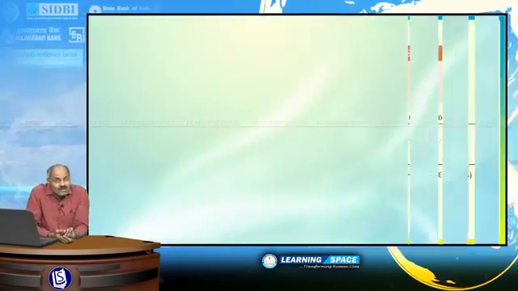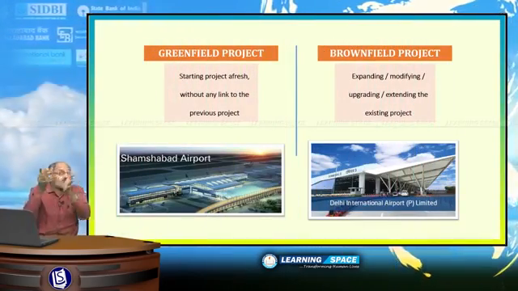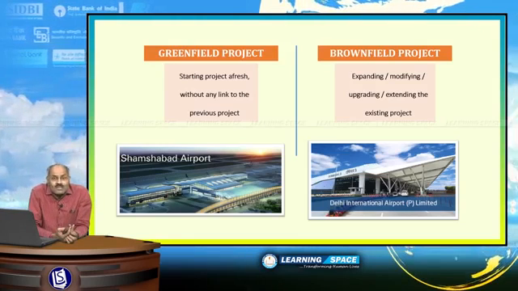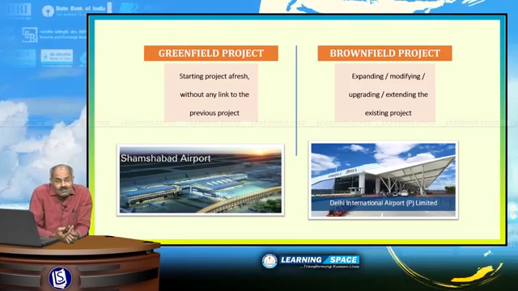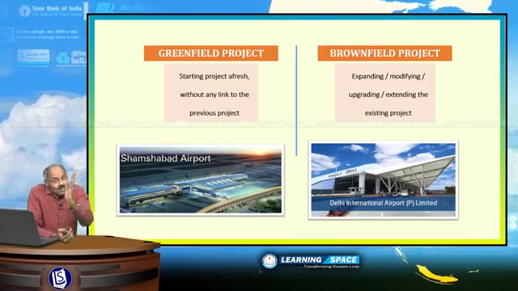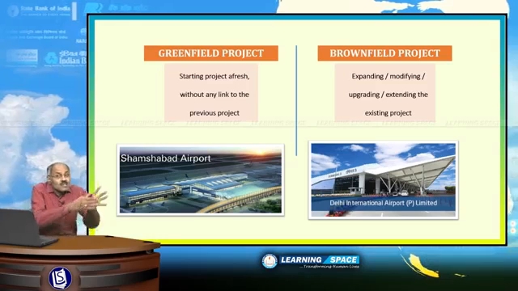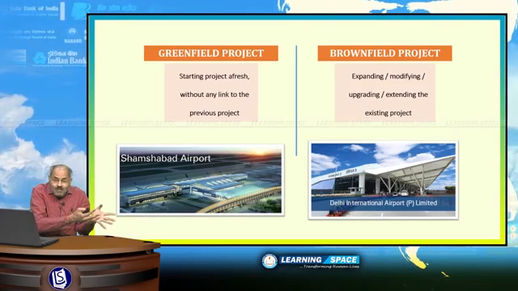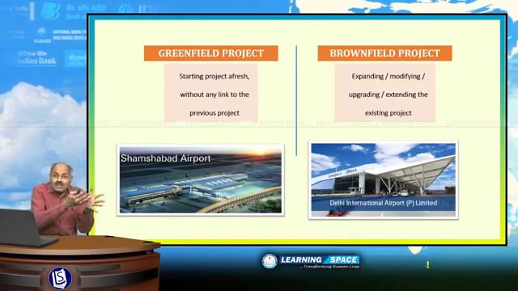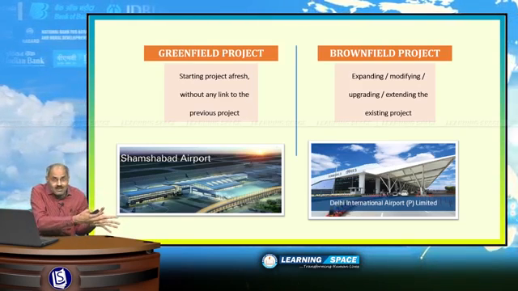Look into the last one, the difference between greenfield project and brownfield project. What is the difference? When a project is started from scratch at a new location. One example is Shamshabad Airport in Hyderabad. Previously, the airport was in Begumpet.